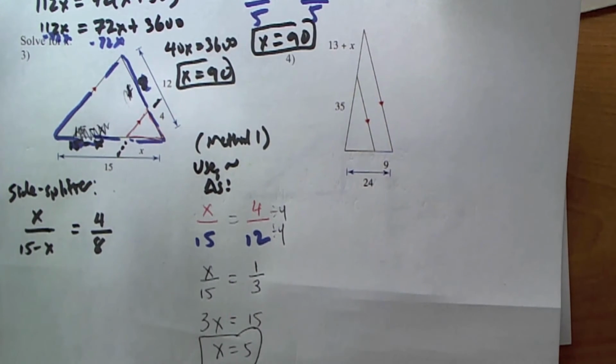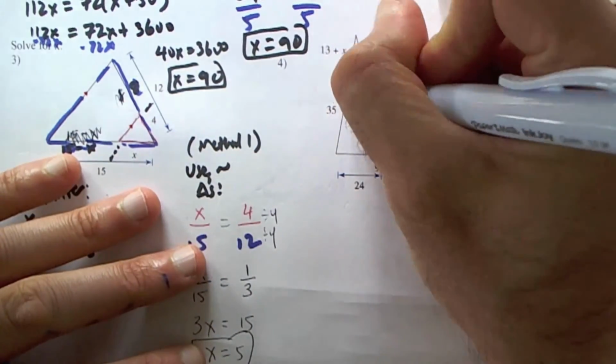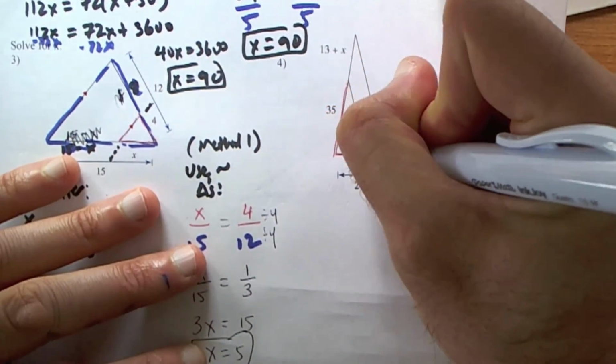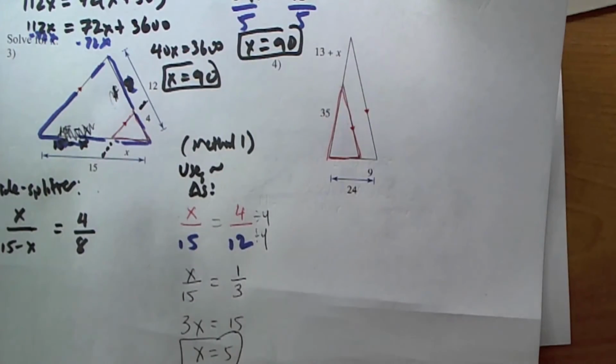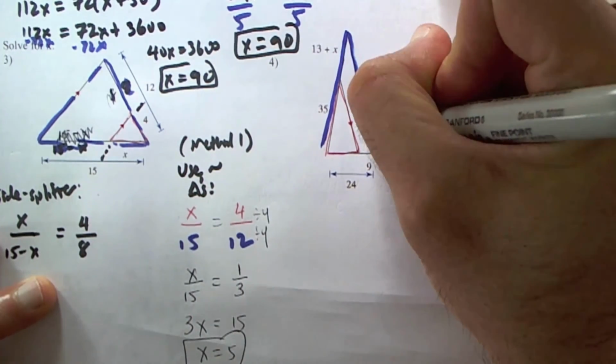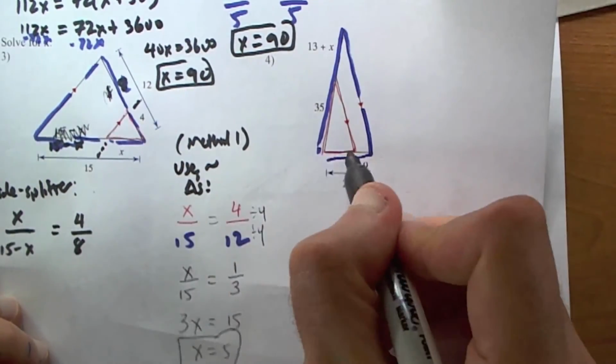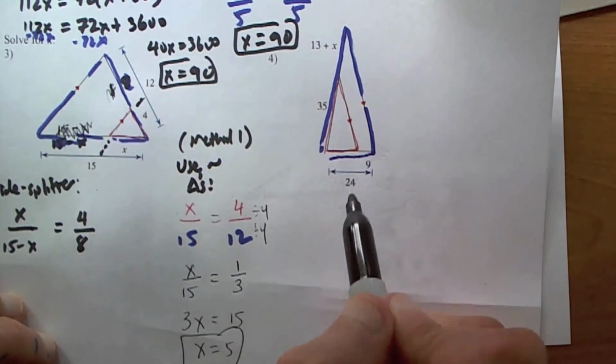So number 4, hopefully you've already done it. Let's take a look. You could do either method. If I do the side splitter, but first let me draw the triangle. I've got parallel sides. If I did the side splitter, I would need to know what this is right here, right? So this is 24. The whole thing is 24.